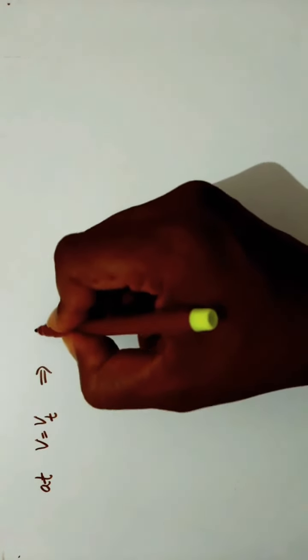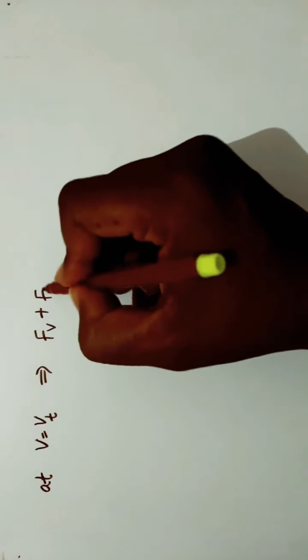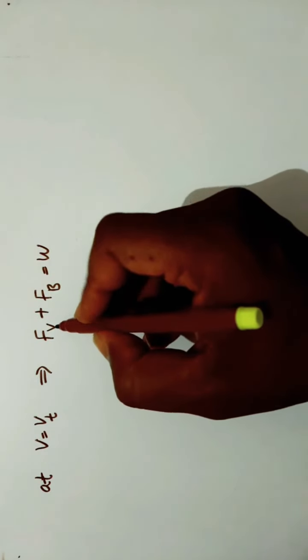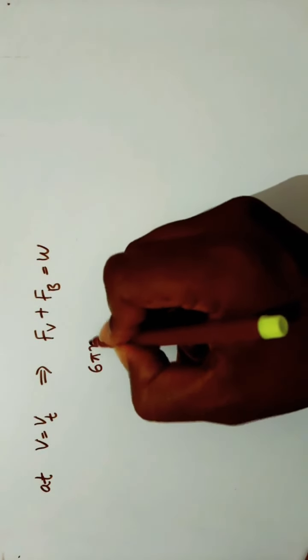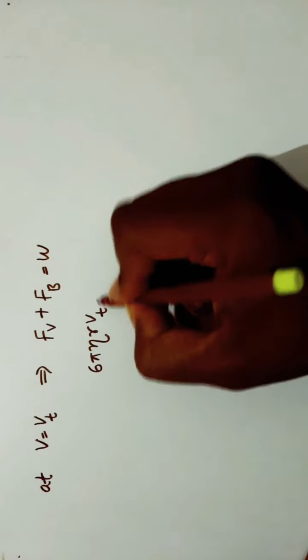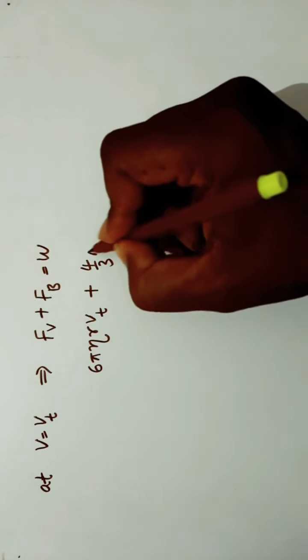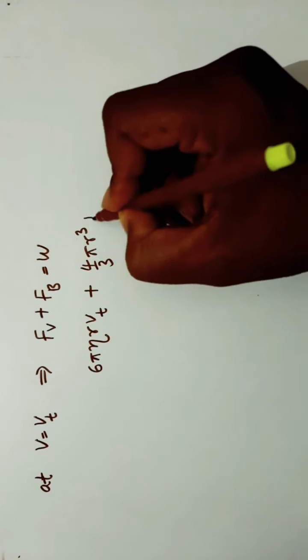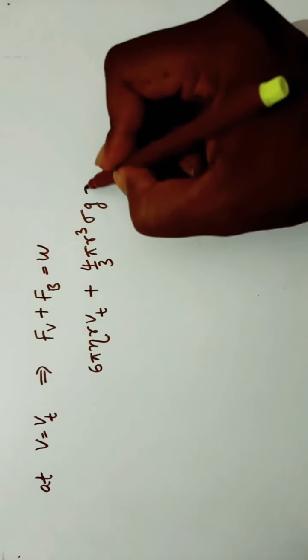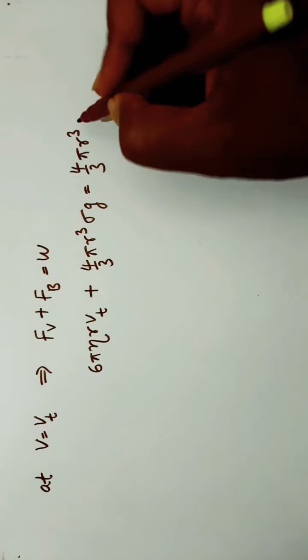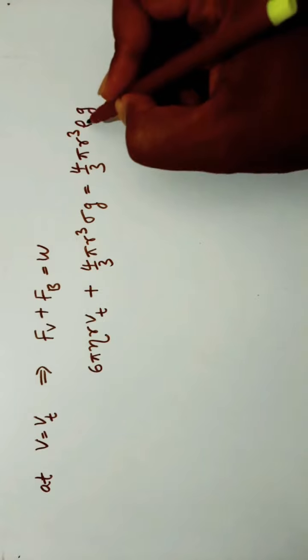At V is equal to Vt, Fv plus Fb is equal to W. So we know Fv is equal to 6 pi eta r Vt, plus Fb is equal to 4 by 3 pi r cube sigma g, and that is equal to 4 by 3 pi r cube rho g.